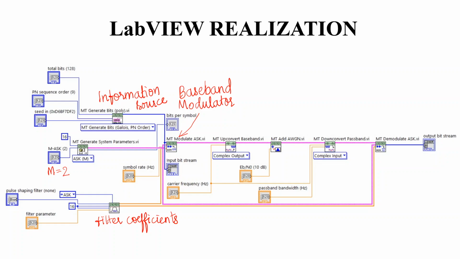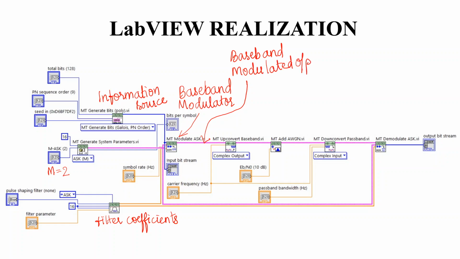In this case, we are starting with the binary ASK mode. The output of this Modulate ASK would be the output that you have seen in the previous lab, that is the baseband modulated output or the pulse shaped output.